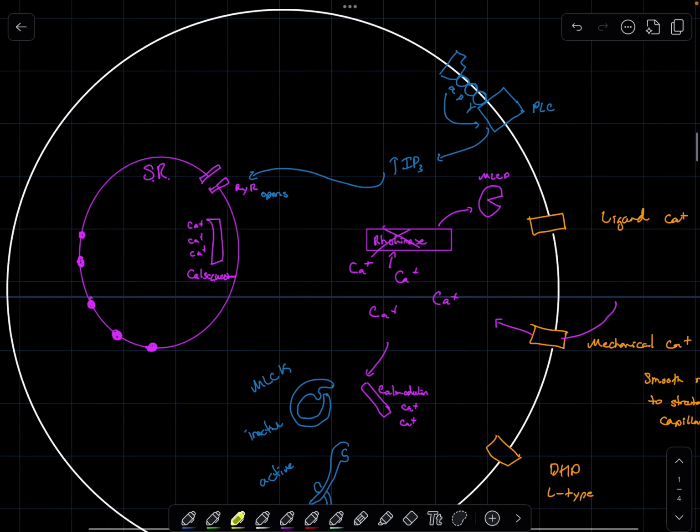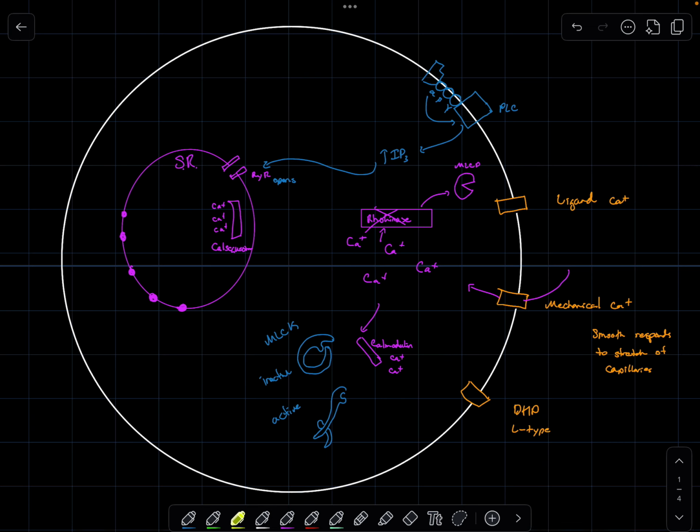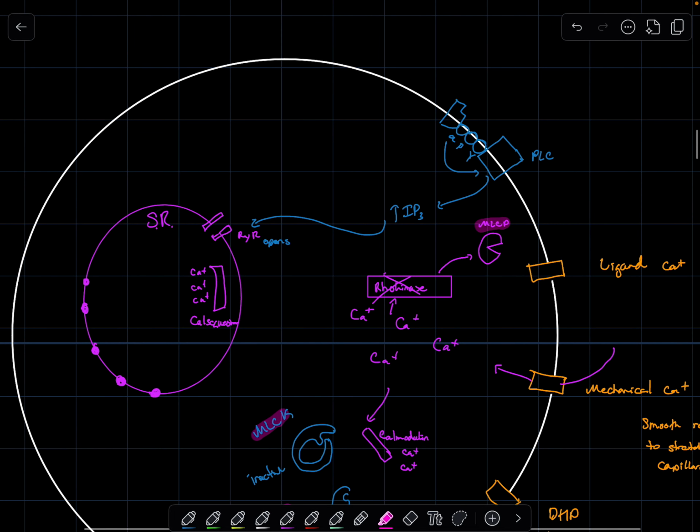So now let's take a look at how we make MLCK active and how we make MLCP active as well. Those are the two biggest ones. We'll first start off with this G protein. This G-coupled receptor, a ligand of some sort, like acetylcholine, a hormone, epinephrine, norepinephrine, will come in and bind, and we'll have a cascade.